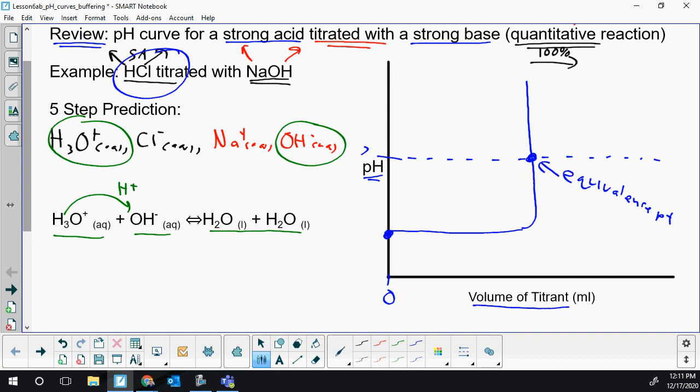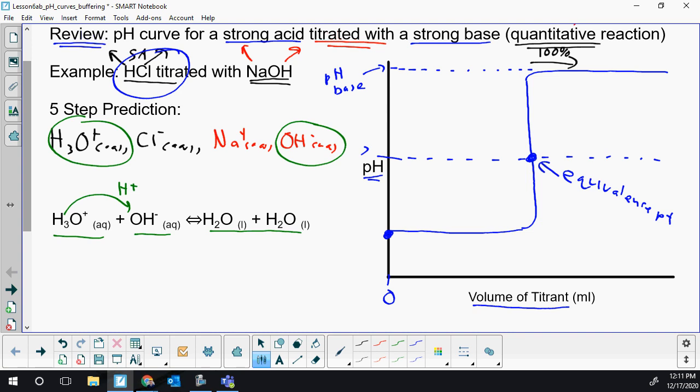The shooting up past that equivalence point is when all you're doing is dumping in base, and it's going to shoot up and level off at whatever the pH of the base is. So if we add a base that has a pH of 12, that's where it'll level off.